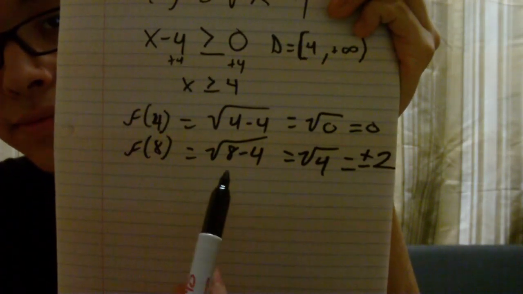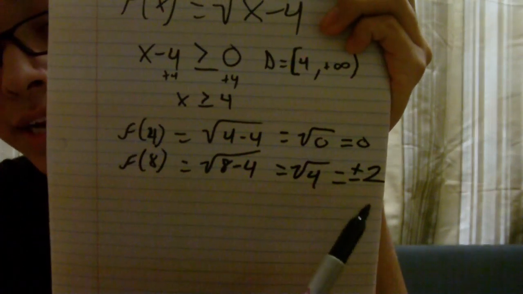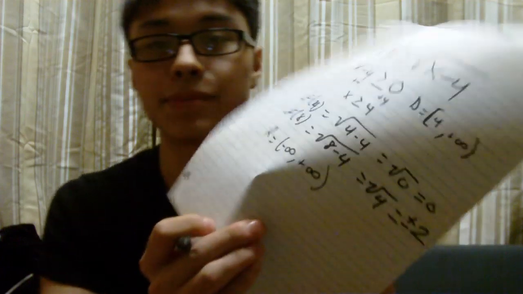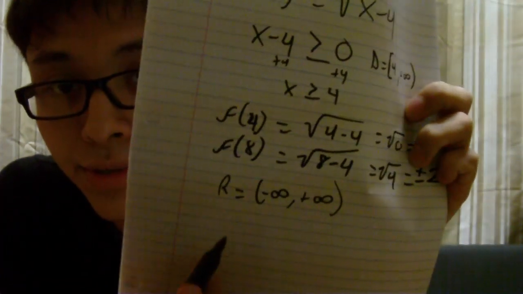Plug in 8 for x, minus 4, square root of 4, positive or negative 2, right? And you can put any number, and that'll give you the range from any number to any number: negative infinity to positive infinity. You would write that simply as that. And that's the range.